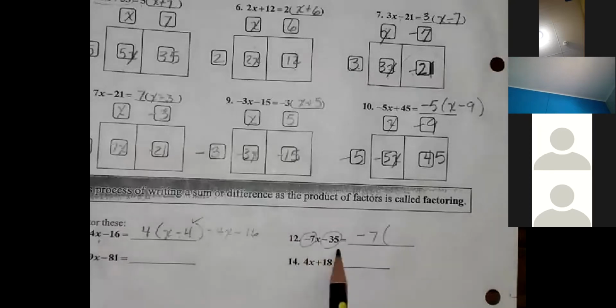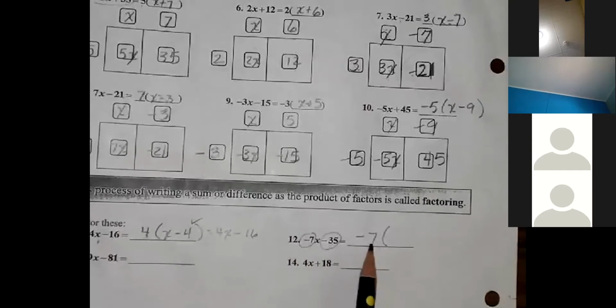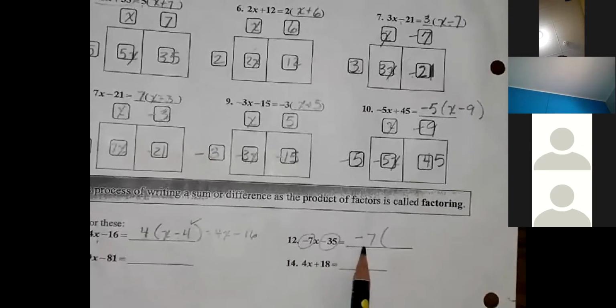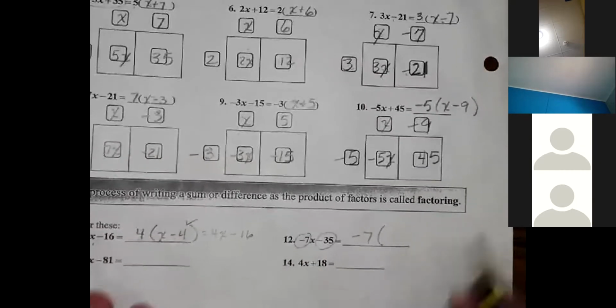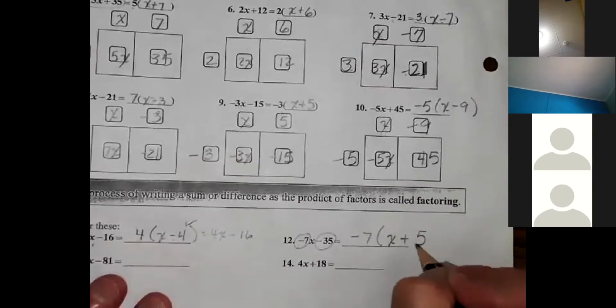We're looking for the biggest number that both of these can be divided by so that we can use it as a factor. Cool. That would be -7, and then it's going to be x plus 5.